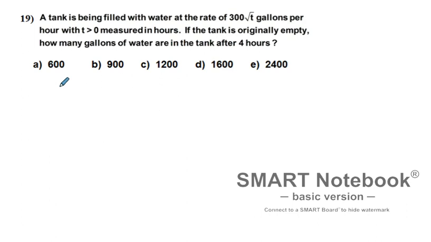So basically, for the amount, what we're looking for is amount is equal to our initial amount plus our integral from 0 to c of f of t dt.